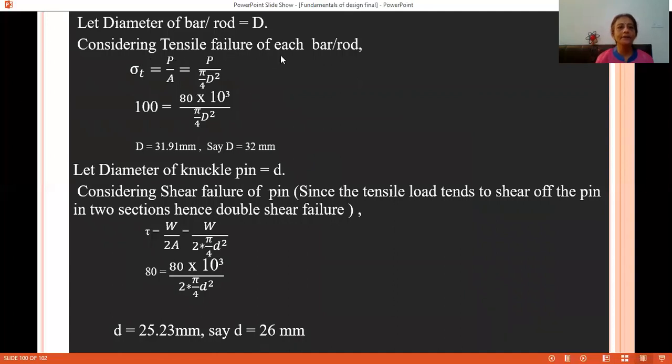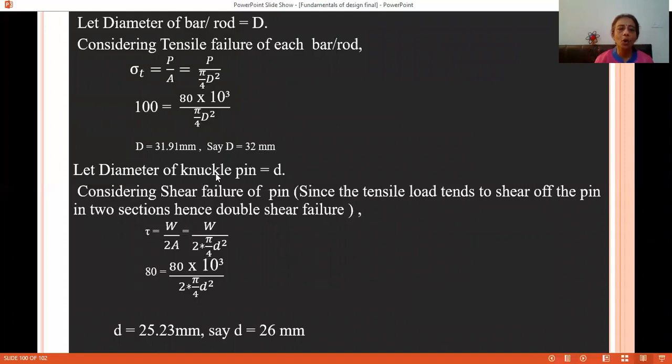Considering tensile failure of each bar or rod, sigma T is equal to P upon area. The rod diameter we will denote by capital D. So after substituting values and rearranging the terms, we will find the diameter of the rod which is 31.91. So we will assume it equal to 32 mm.